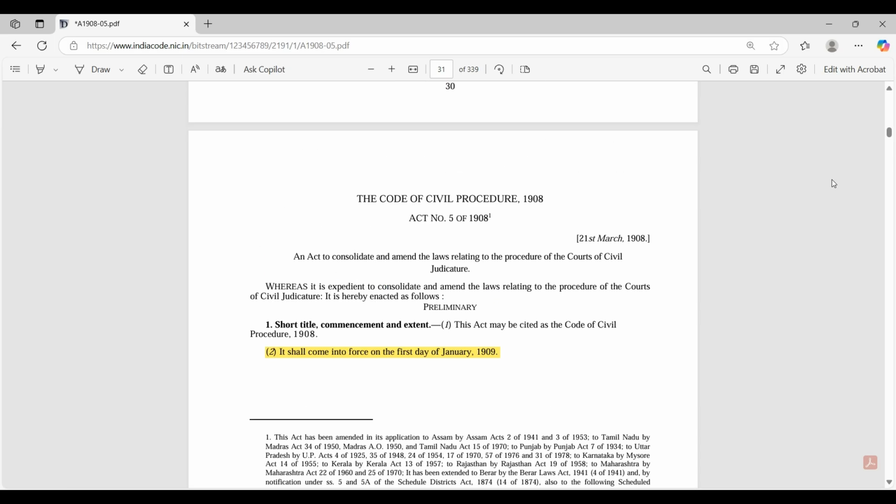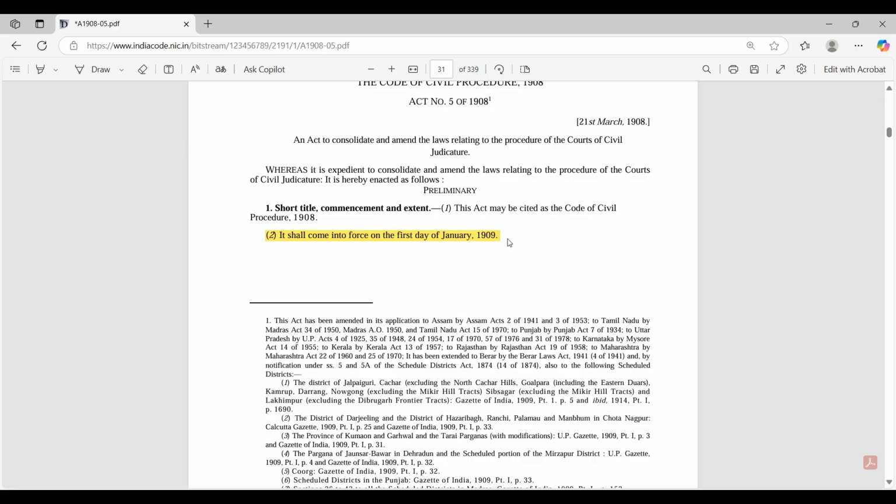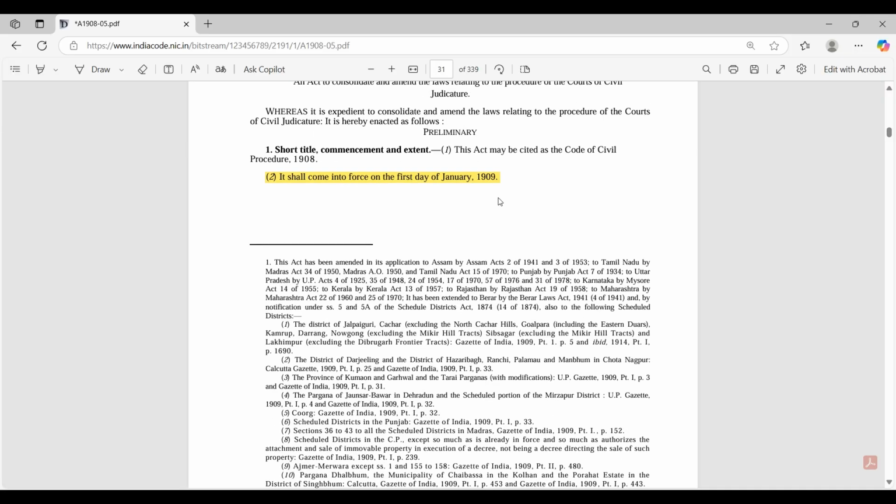Always remember that section one of any act plays a very important role, because it tells you in which states, in which part of India, this particular act is applicable. So CPC section one, which talks about short title, commencement and extent, came into force on 1st January 1909, and that's the important thing which I have highlighted. Do make sure you read this properly because it does come in competitive and judicial examinations.